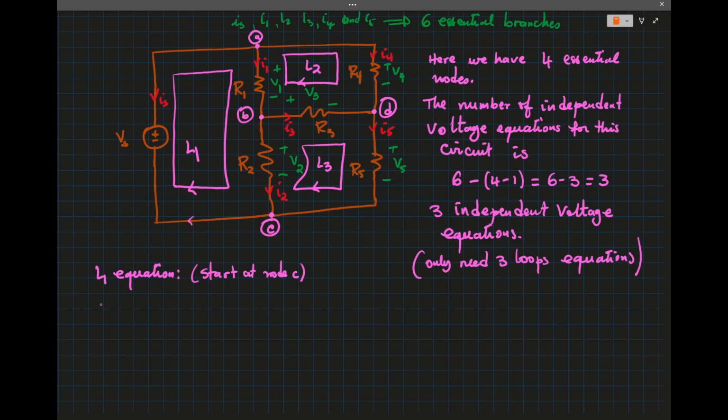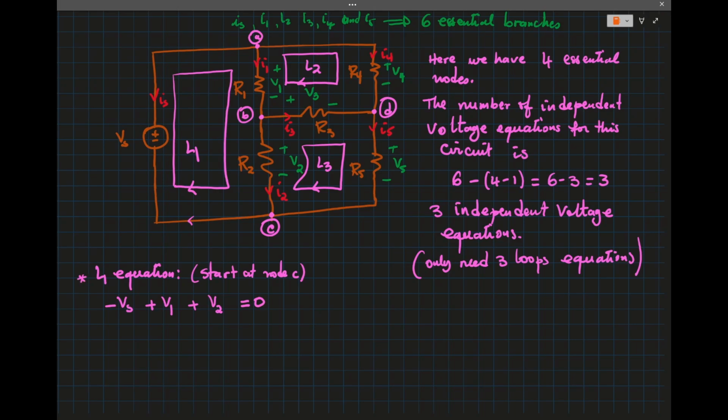We come across the negative polarity of Vs, so negative Vs, and then plus V1. We come across the plus polarity of V1 first, then plus V2, the plus polarity of V2 next, and then we reach back to C, so we close the loop, and that equals 0.